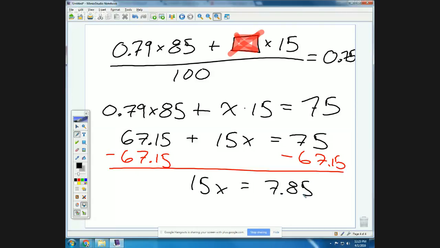Last step, divide by 15. So what is 7.85 divided by 15? It's going to be a little over 50%, I think.